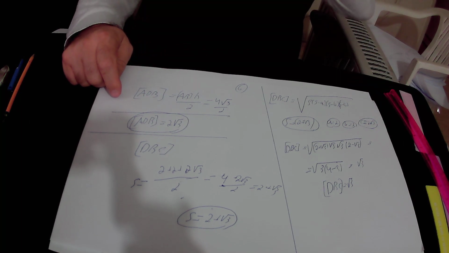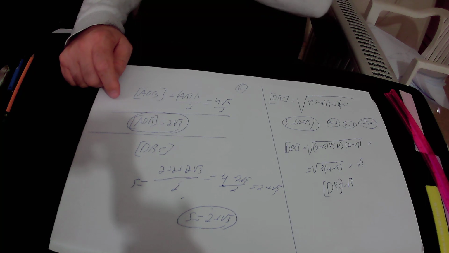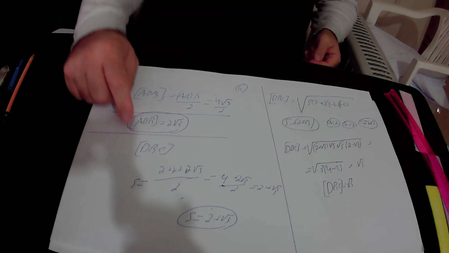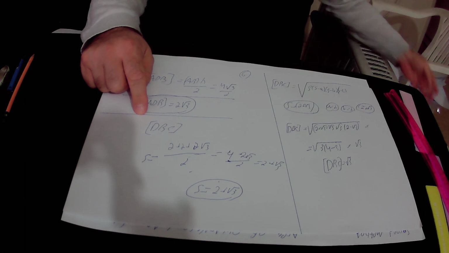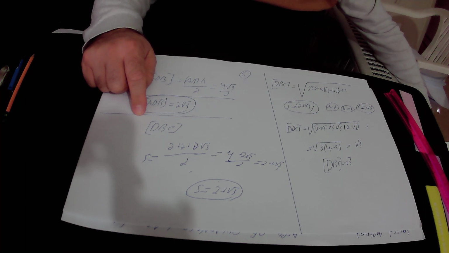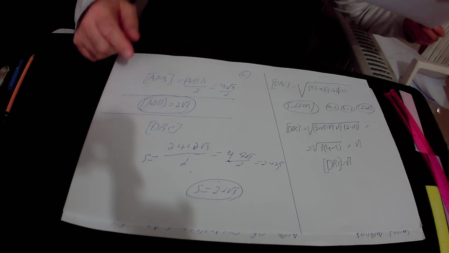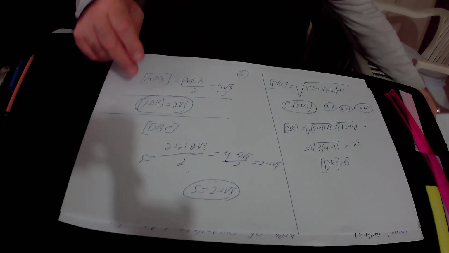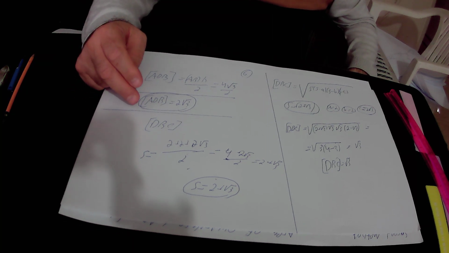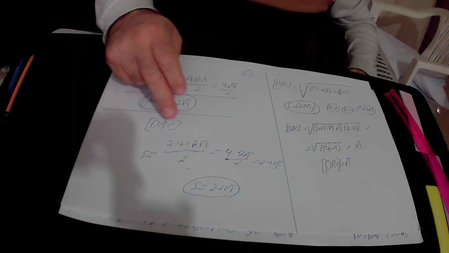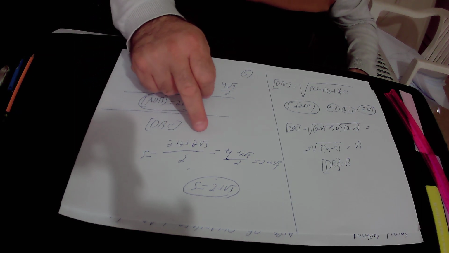Then we find the area of triangle DBC. According to a special formula, we first calculate the semi-perimeter of triangle DBC. The semi-perimeter of any triangle equals the perimeter over 2. The perimeter of triangle DBC equals the sum of its sides, that is 2 plus 2 plus 2 times square root of 3.